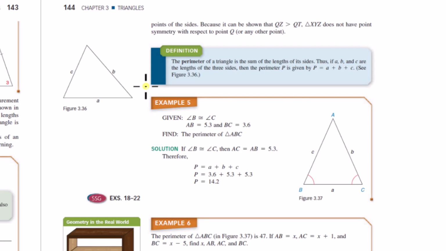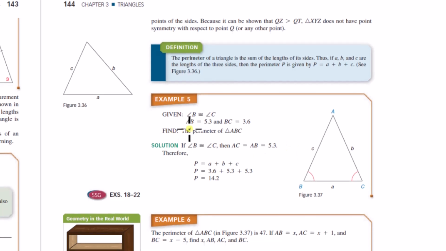If you sum all of the lengths of all of the sides, the value you get is the perimeter of the polygon. So in regards to triangles, if you have a triangle with side lengths a, b, and c, then the sum of those lengths is the perimeter P. That's it. This is just a definition. It's just a property of triangles.